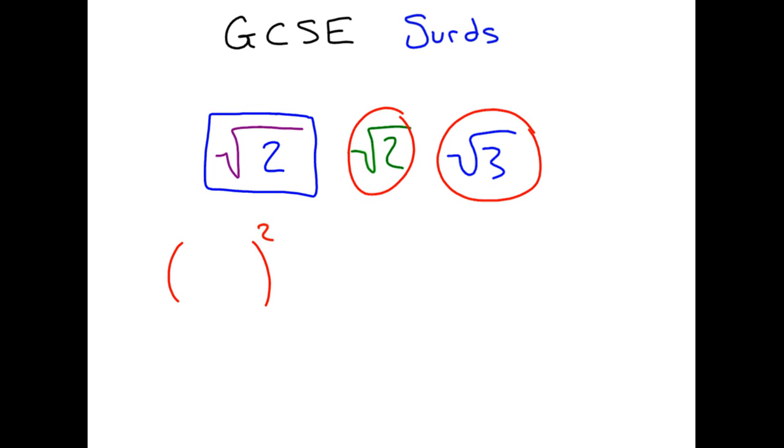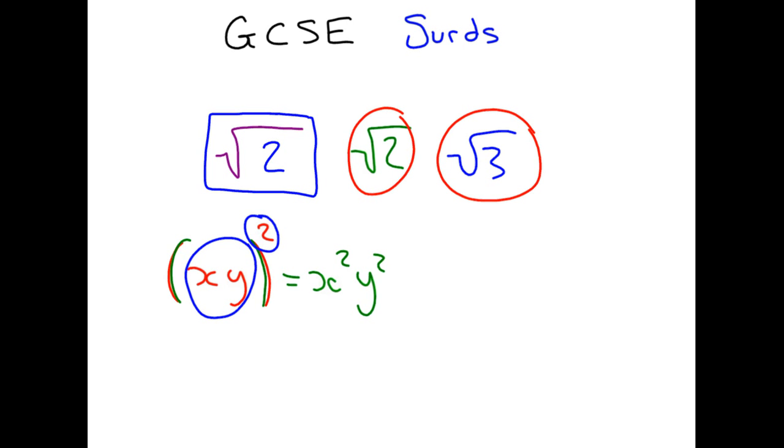So if you've got x times y, all squared, the squared is doing it to everything. So you square y and you square x. That means if you do the whole thing to the power of 2, it's the same as each thing individually to that power of 2.